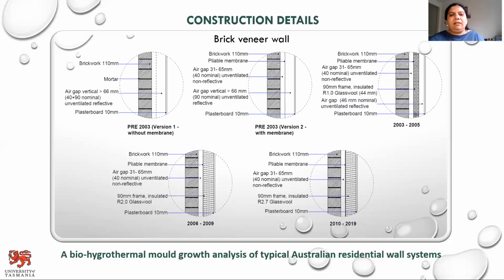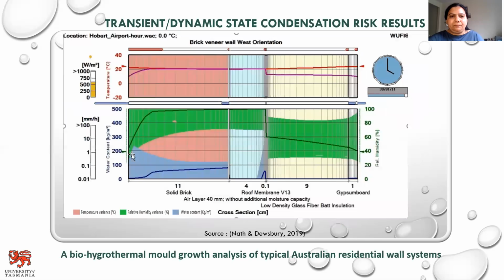Then we have the air gap layer and the plasterboard as the innermost layer. From 2003 to 2019, the construction details remain the same, just with a change in the insulation level as per the building regulations. In 2003, the insulation level within the wall system was R1, and currently, from 2010 to 2019, the insulation level within the wall system is R2.7.